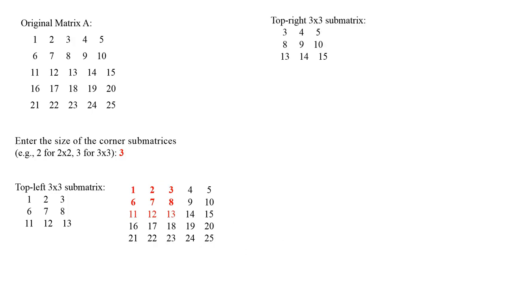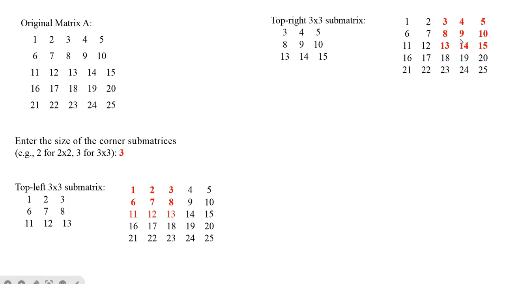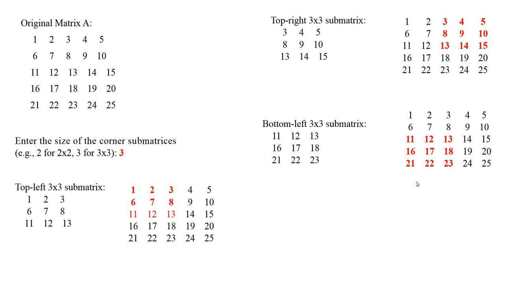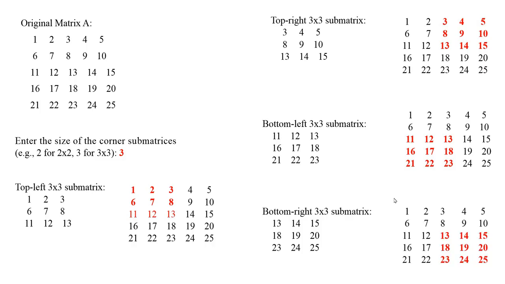Then you have the top right 3 cross 3 matrix. Then you have the bottom left 3 cross 3 submatrix. And then last is the bottom right 3 cross 3 matrix.